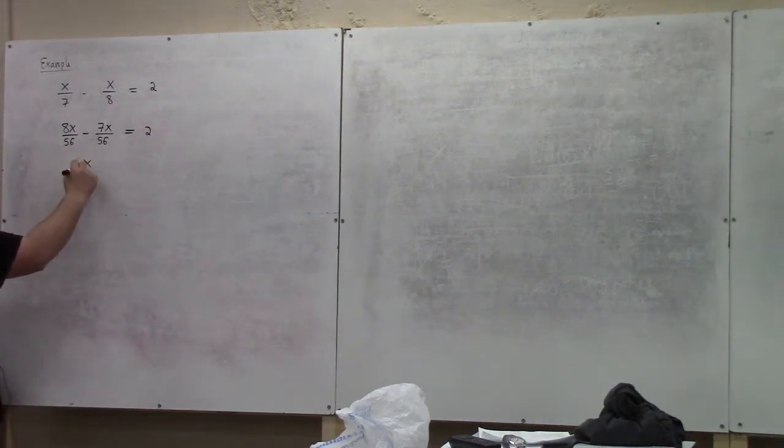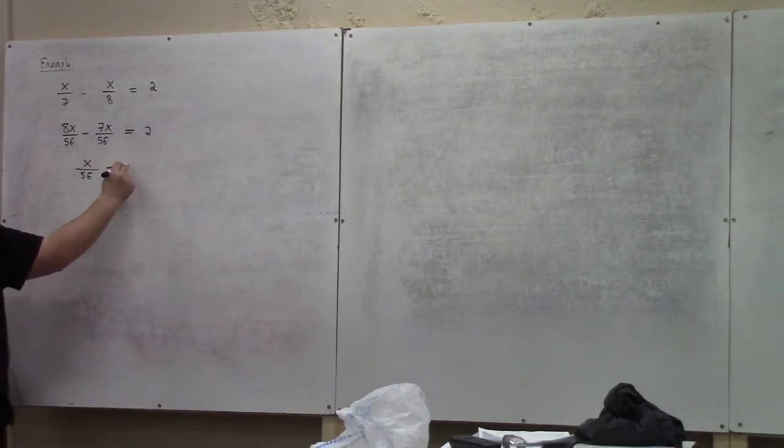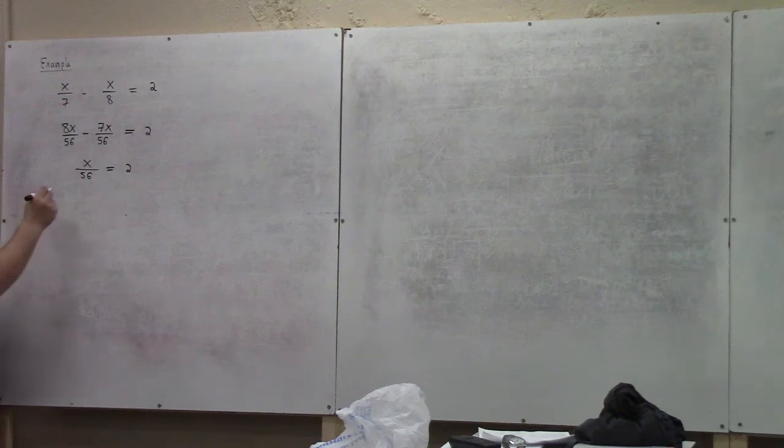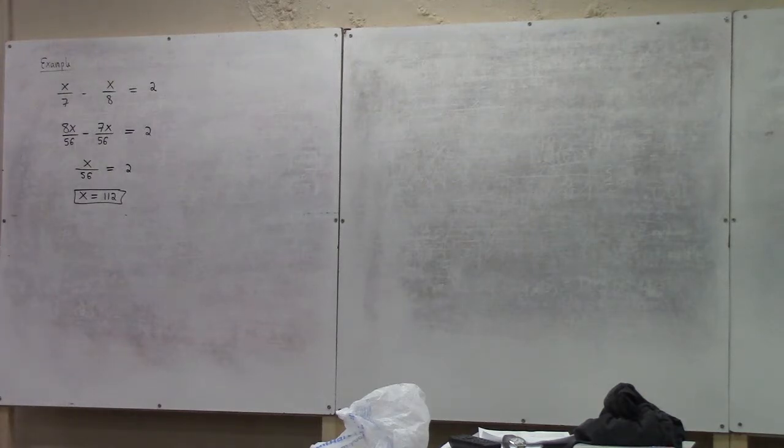So we've got x over 56 equals 2, and then multiply by 56. We've got x equals 112. I'll call that example 1.